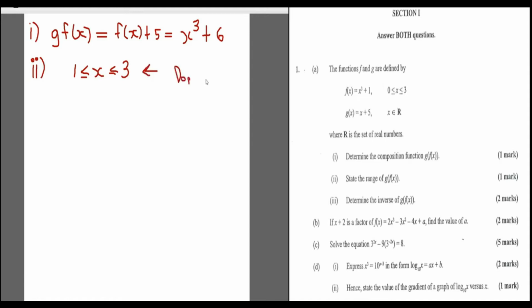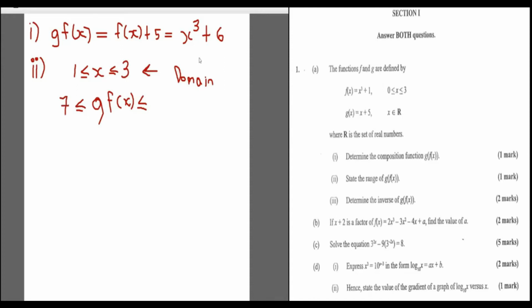All right. How do we use the domain to find the range? So this is how we're going to find the range now. G f of x is going to be between, first thing you need to do is find out what g f of 1 is. G f of 1 will be 1 cubed plus 6, that's 7.